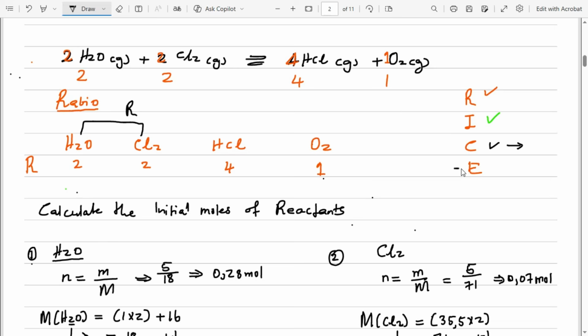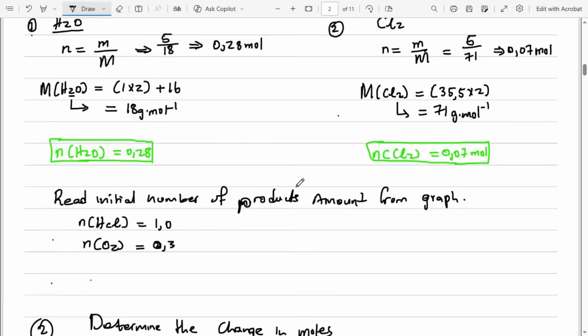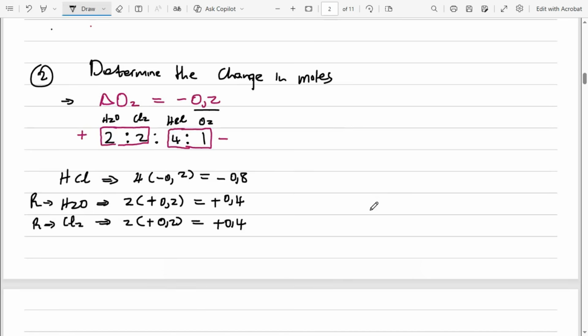The last part is calculating the equilibrium moles. The E is for equilibrium moles. That is the last part. Don't worry, we're definitely going to do the table now, so the next part, we're going to calculate the equilibrium moles.